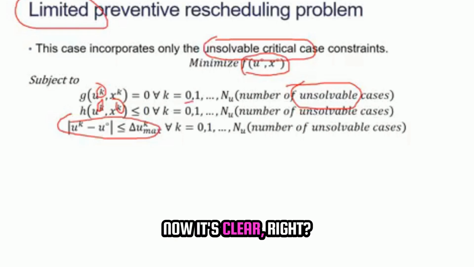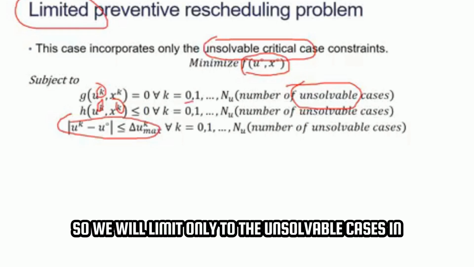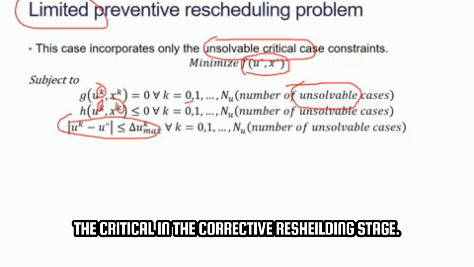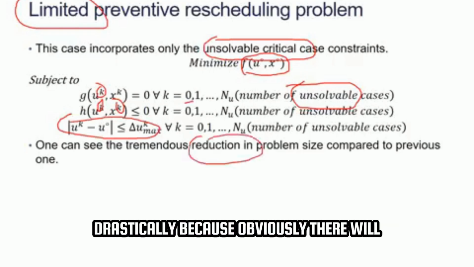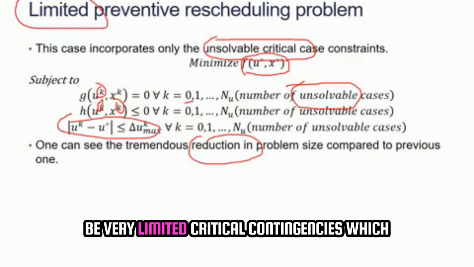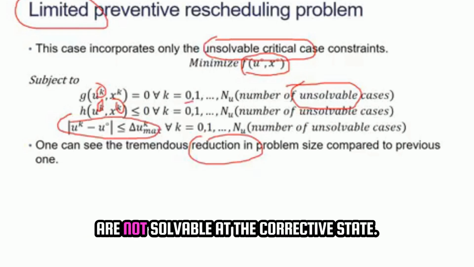Now it's clear to everyone what limited preventive rescheduling is. We limit it only to the unsolvable cases in the corrective rescheduling stage. Here one can see that the size will reduce drastically, because there will be very few critical contingencies which are not solvable at the corrective state.